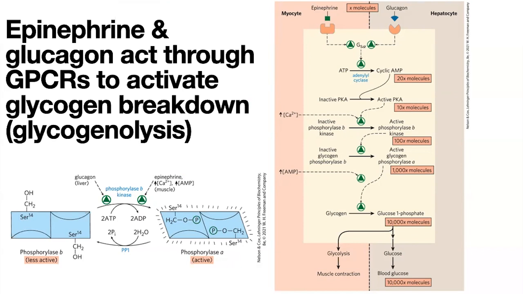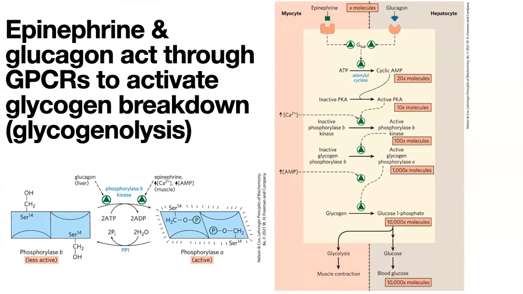Glucagon and epinephrine are both acting through G protein coupled receptors, which is one of the great things. Because with those coupled receptors, remember that the signal was getting to that membrane-bound protein, but then that membrane-bound protein was activating things that were bound to the inside.